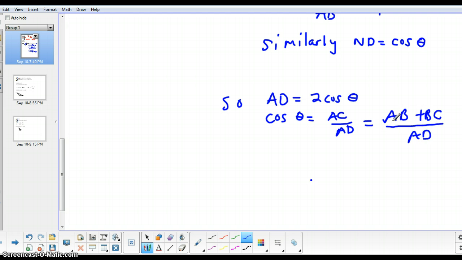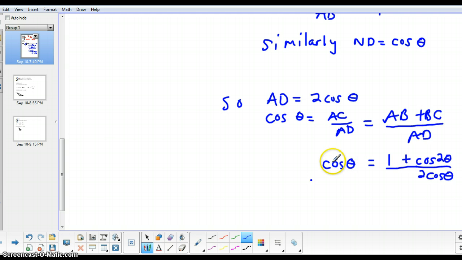Then we know that AB is equal to 1, and we also said that BC is equal to cosine 2 theta, and AD we said was equal to 2 cosine theta. And this whole item, 1 plus cosine 2 theta, is being divided by 2 times cosine theta. And all this, again, is equal to cosine theta.